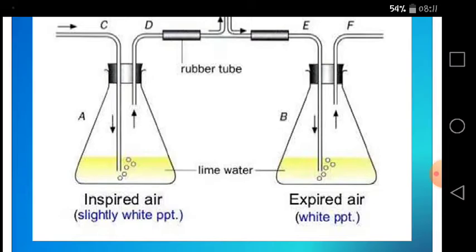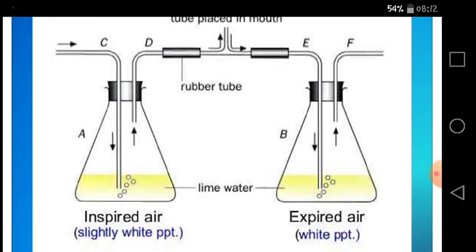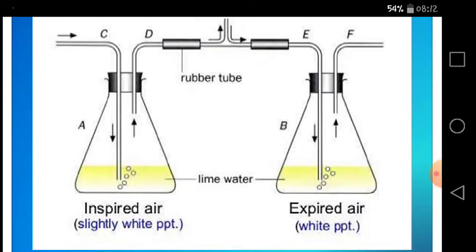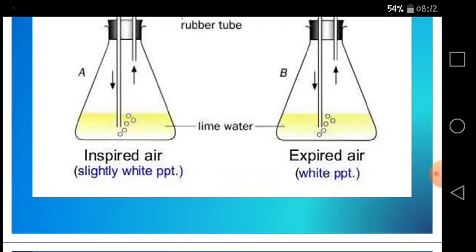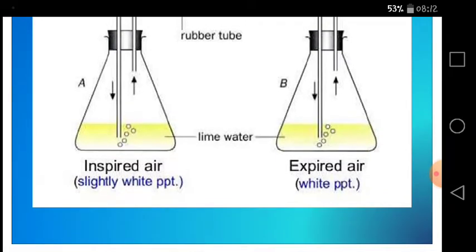You can see now from this picture that the expired air contains more carbon dioxide as compared to the inspired air. So from this experiment, dear students, we can conclude that the expired air has more carbon dioxide as compared to the inspired air.